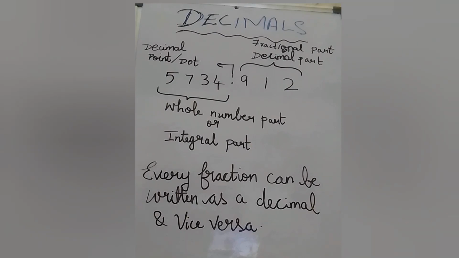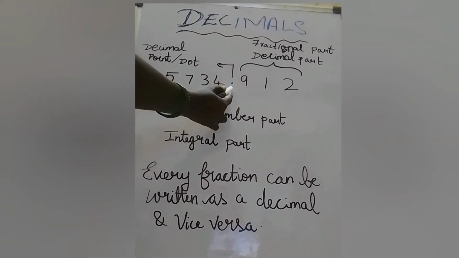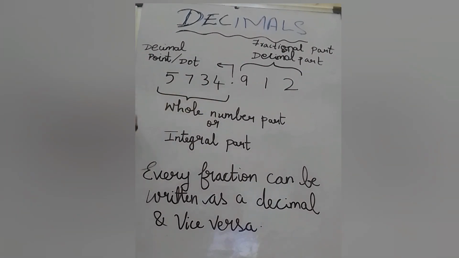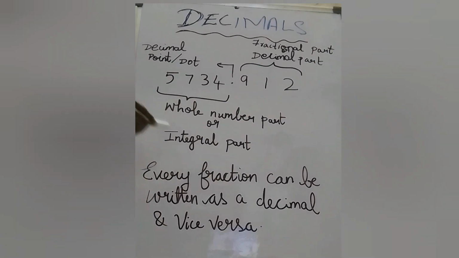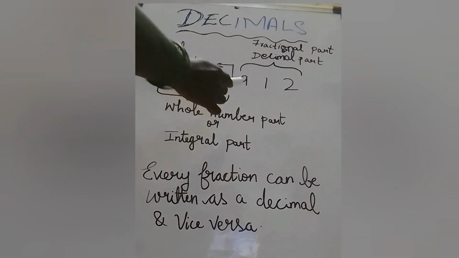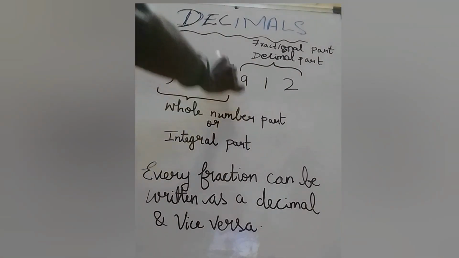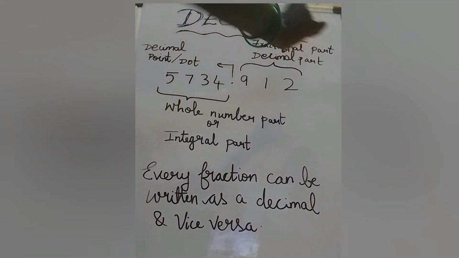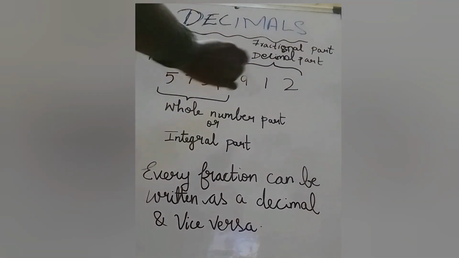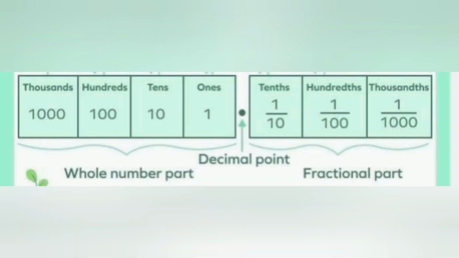I'm going to give two important points under decimal. The number which comes before the decimal point, we call it the whole number part or integral part. The number which comes after the decimal point, we call it the fractional part or decimal part.